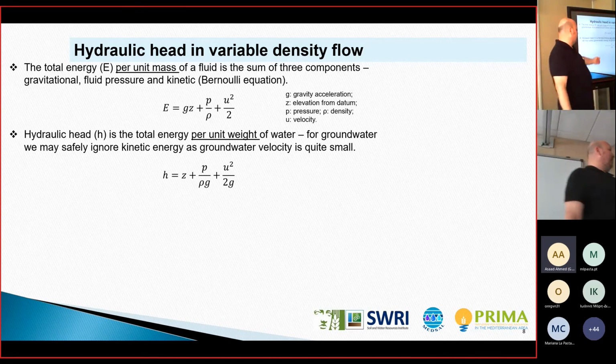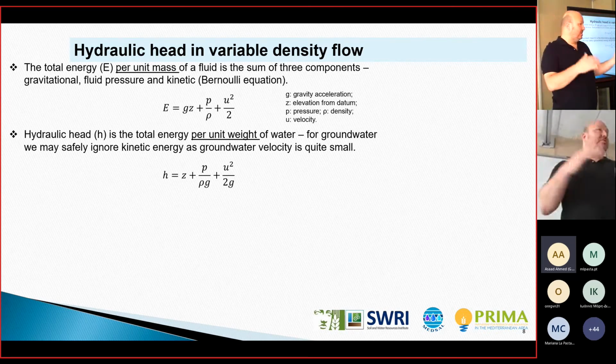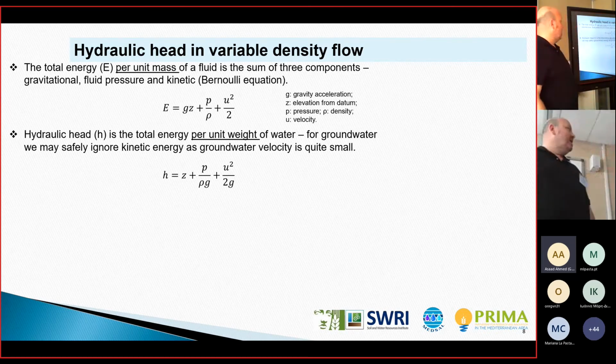And given by this equation, generally in hydraulics, in surface hydraulics, groundwater hydraulics, and everything. Usually in groundwaters, we ignore the kinetic energy as the groundwater velocity is quite small. It's actually several orders of magnitude less than the other two parameters.